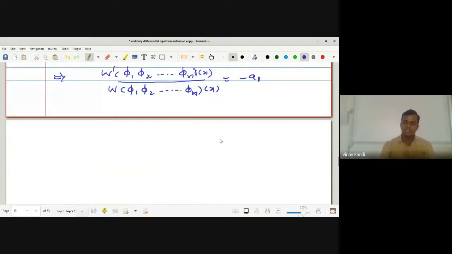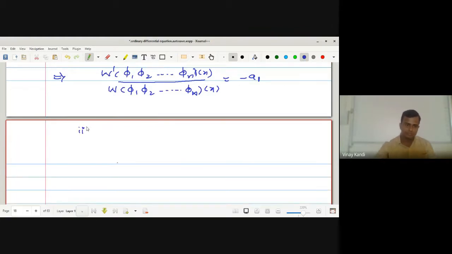Now integrating the above equation from x naught to x.